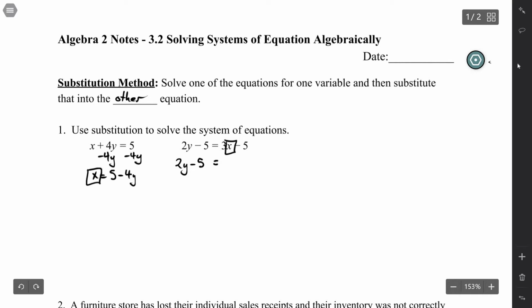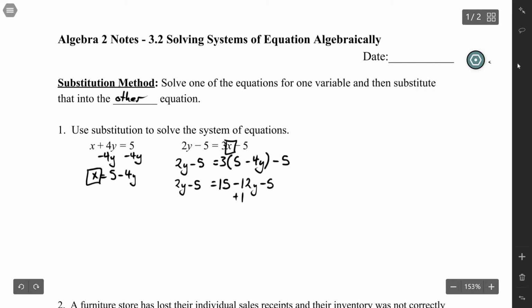It's 2y minus 5 equals 3, and then in parentheses, we'll put in 5 minus 4y minus 5. First step would be to distribute the 3 into both of these terms. This left-hand side, again, does not change. 2y minus 5 equals, this would give us 15 minus 12y minus 5.